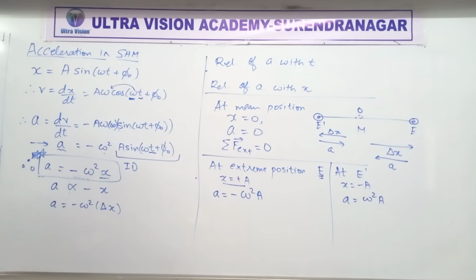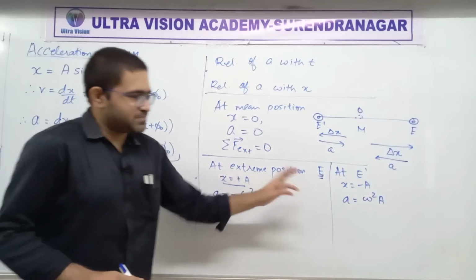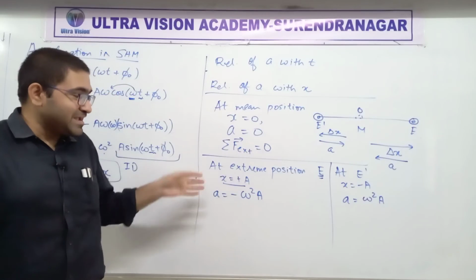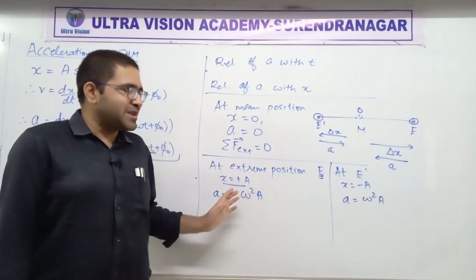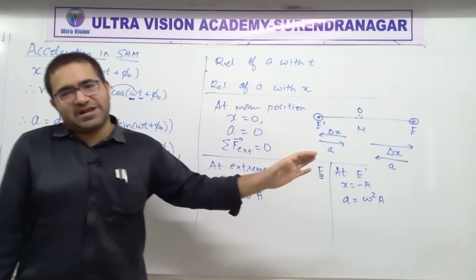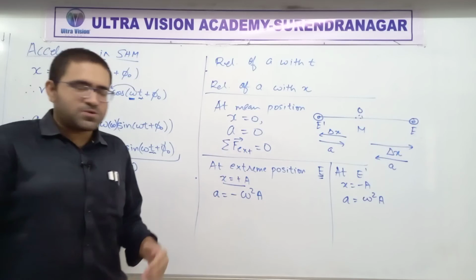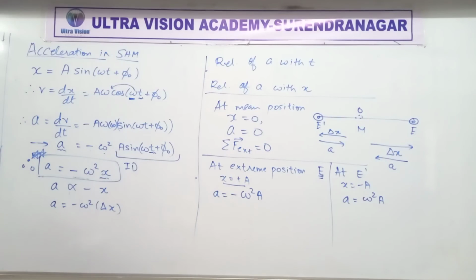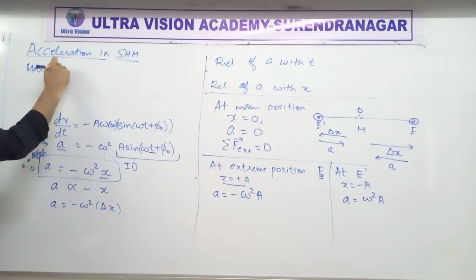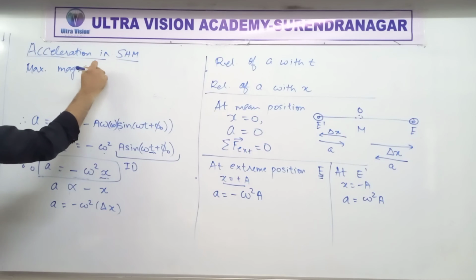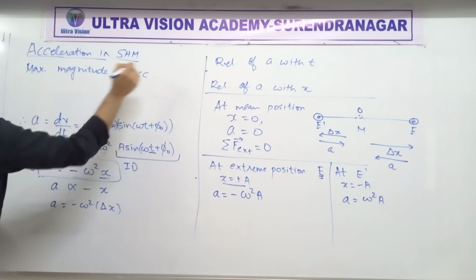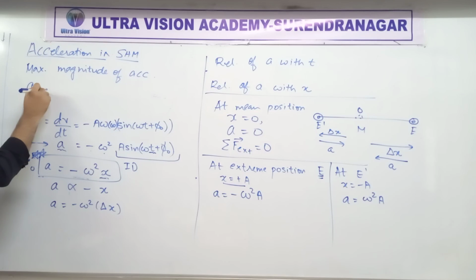Okay? So, do you realize that minus or plus, either way, only indicates direction? Correct? Minus or plus is only indicating the direction of acceleration. So if I want to find out the maximum magnitude of acceleration, that is nothing but a max.